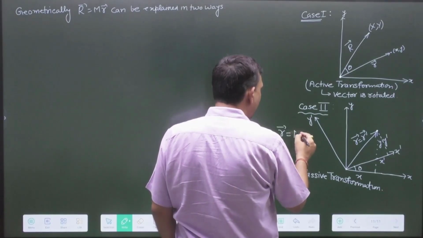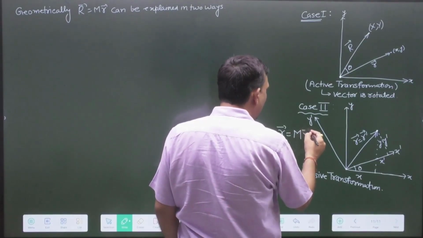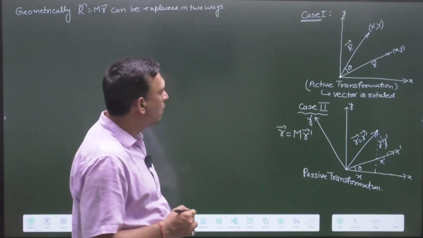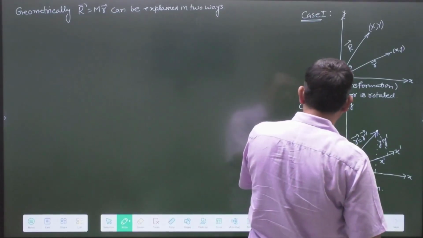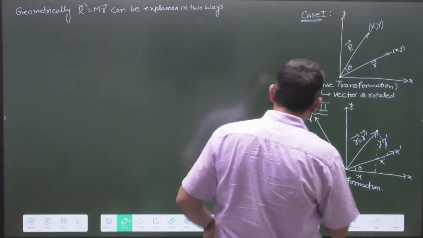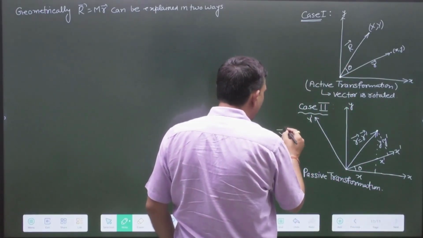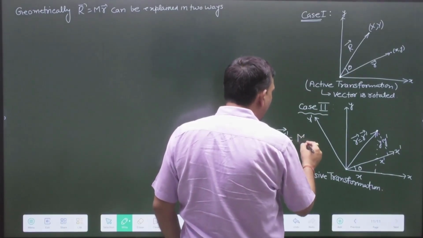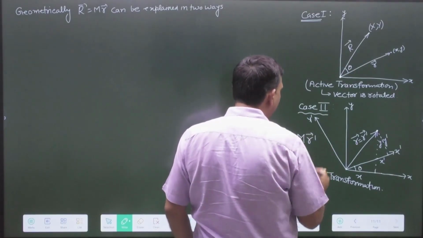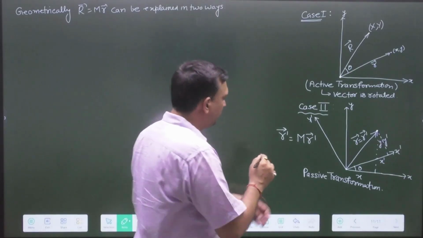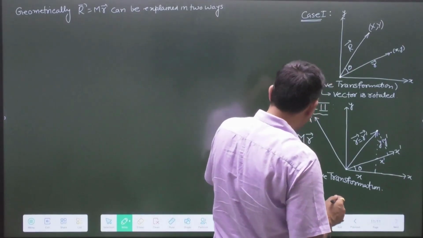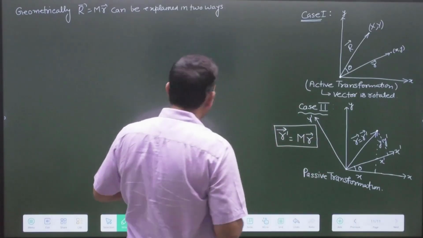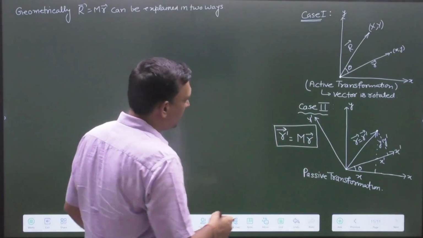R dash is equal to M R. R dash is MR. The same matrix M is ABCD.